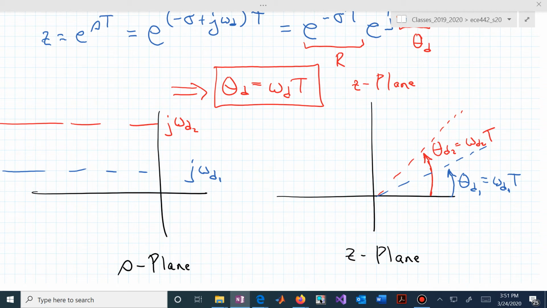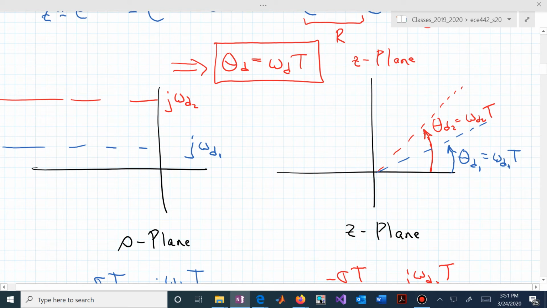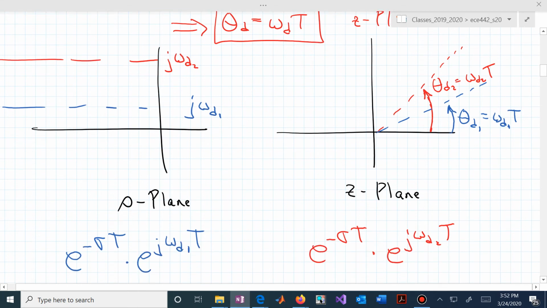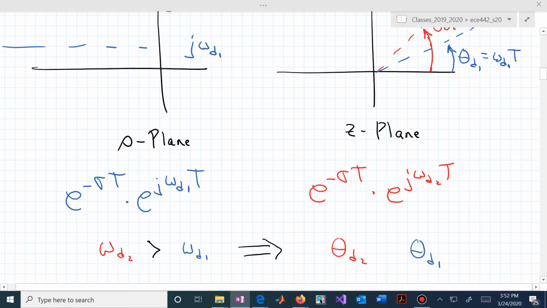That omega sub d1 is a slower system in terms of how quickly the response peaks. The omega sub d1 system peaks slower than omega sub d2, and that corresponds in the z-plane to omega sub d1 giving us a theta sub d1, which is a smaller angle, or a slower system. Here we have the different scenarios.